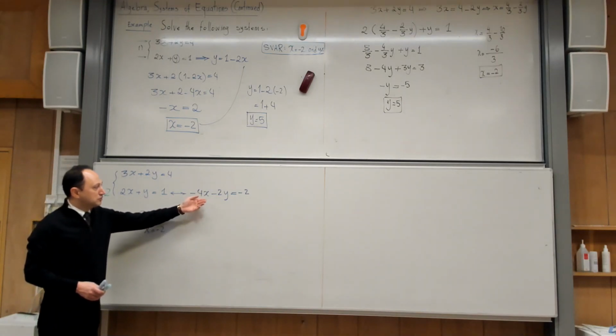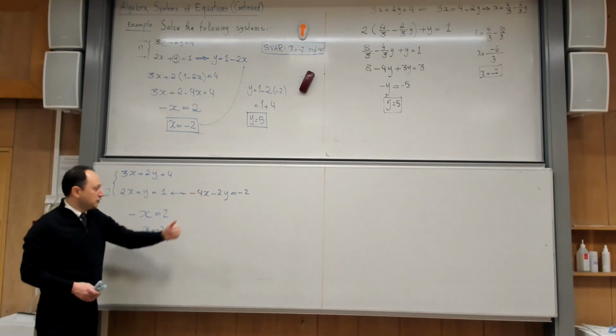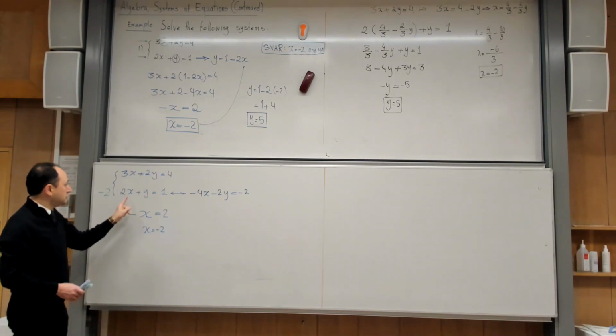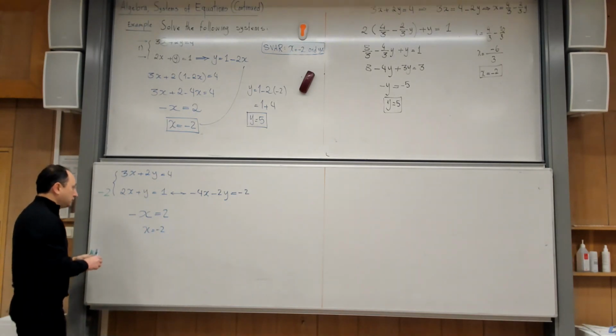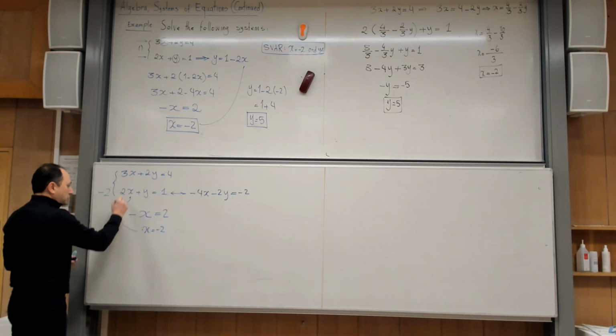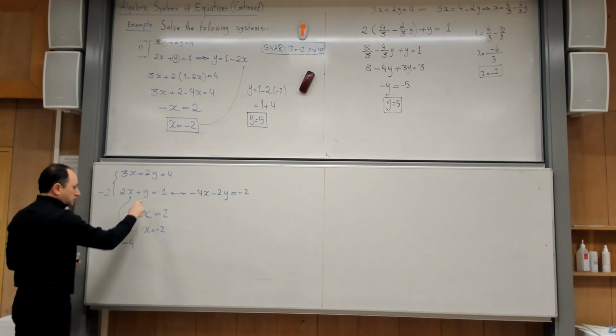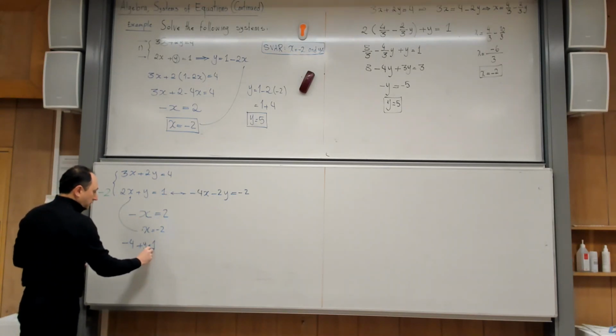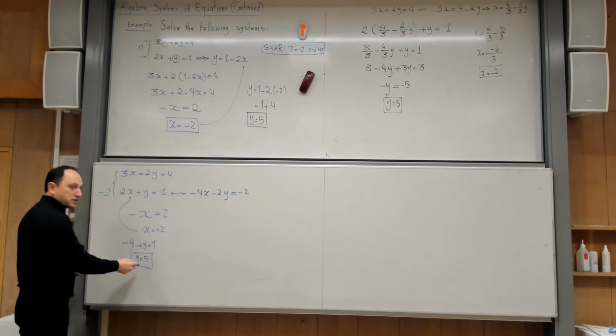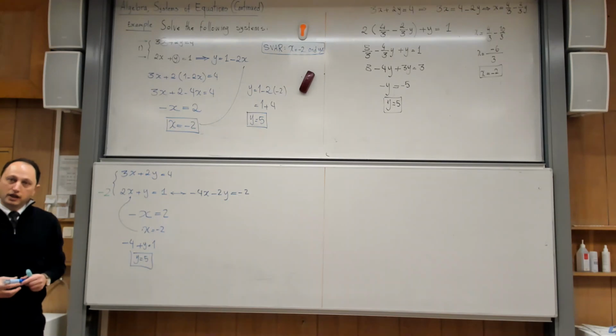But here is no good because the numbers are bigger now. So I will myself prefer to put it here. So then I would put it here. This becomes minus 4 plus y equals to 1. Then I move it to the other side. It becomes 5. And that is exactly the answers that I got. So that is the method of addition.